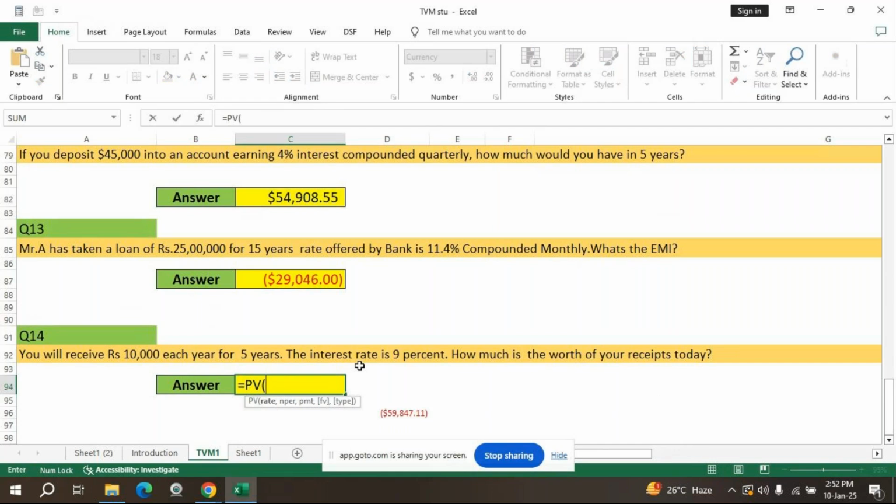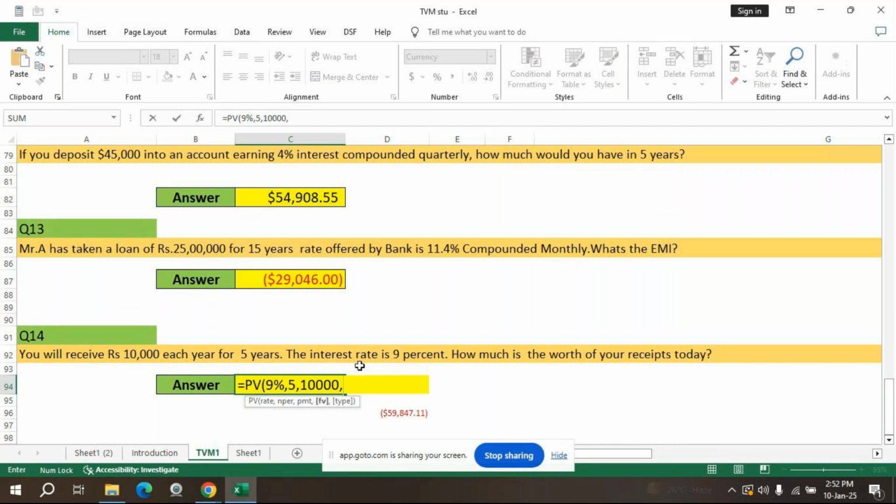Now the rate. They have not mentioned anything like compounded monthly or annually, so let us calculate annually only. Let us not multiply or divide with any number. So the rate is 9% here, then comma, nper, the number of periods is 5 years, then comma, pmt. Pmt is nothing but 10,000, right?